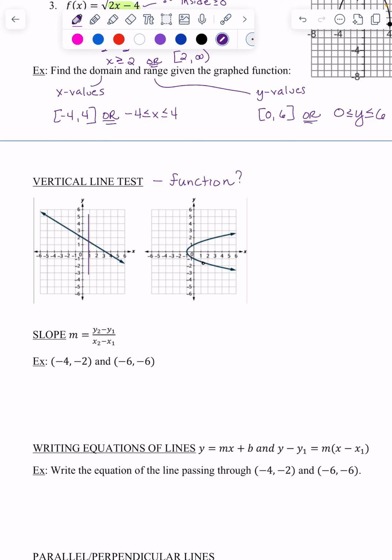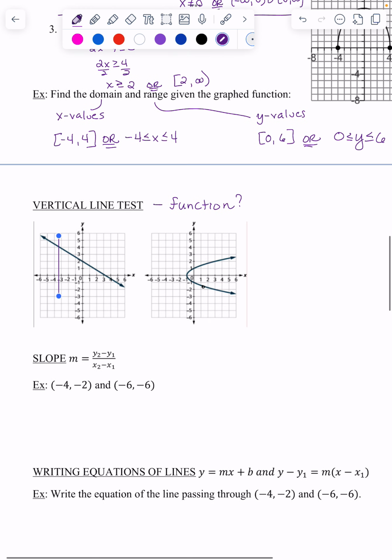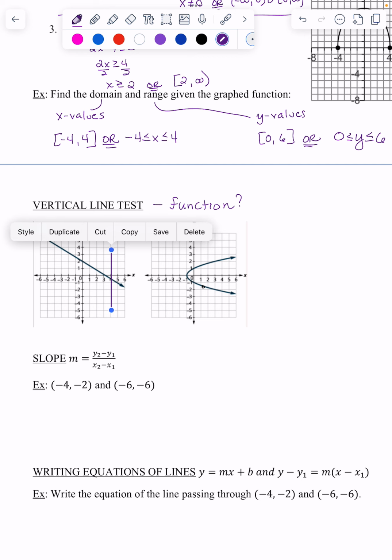So if I draw a vertical line here, I can put it there. I only intersect once. No matter where I move it, it still only intersects once, right? I can move it around to anywhere. It only intersects once. So this very first one is, yes, it passes the vertical line test. It is a function.